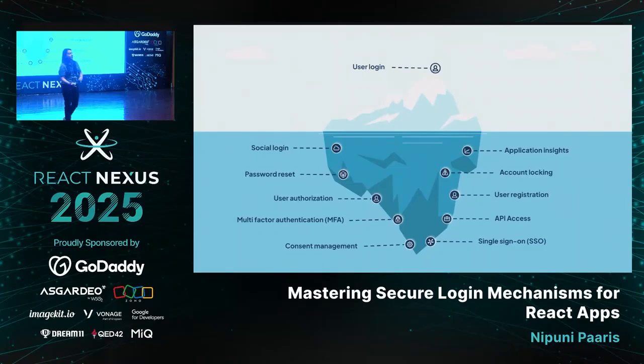There are many requirements you might need if you are supporting a corporate product. So there's social login, password reset, consent management, user registration, account locking, application insight, all that, right?